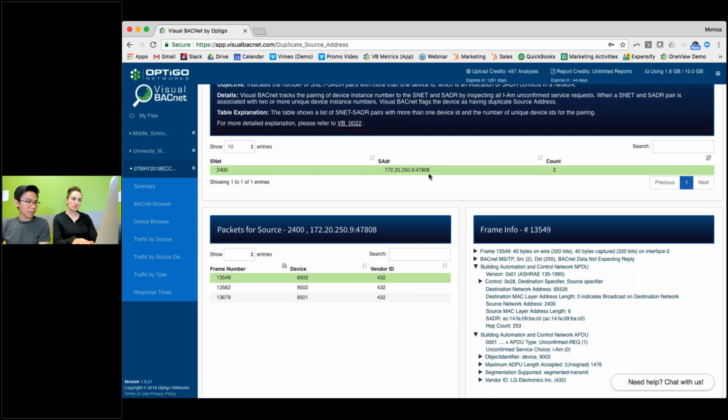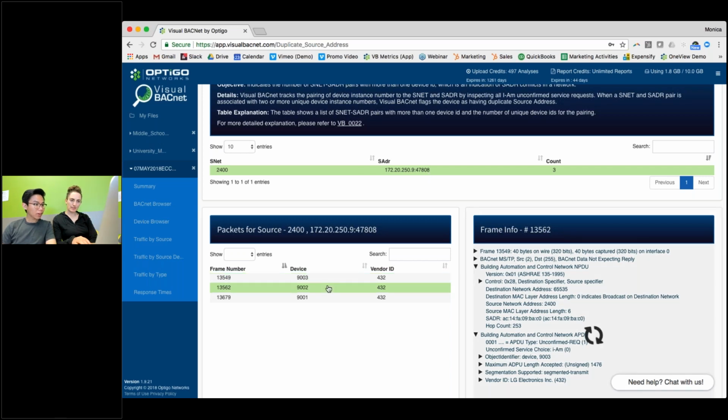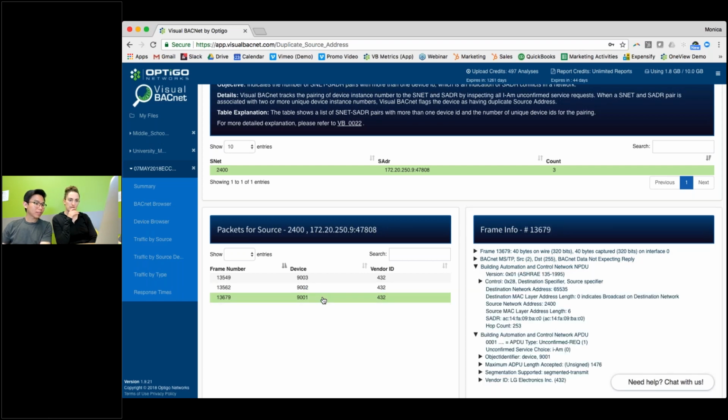When you see the duplicate source address, it's telling you that the MAC address is incorrect. And in this particular case, looks like it's got the same IP address. All 3 of these have the same IP address? Devices, yeah. All 3. That would be confusing. You know, it's on network 2400.